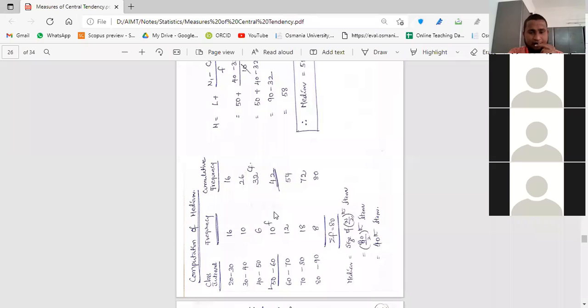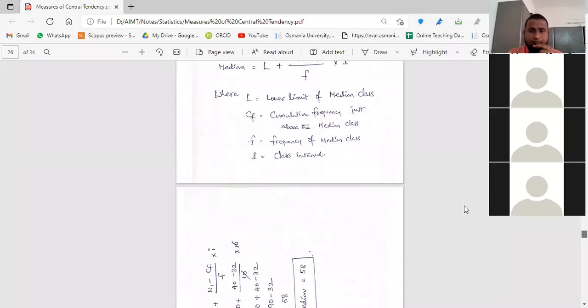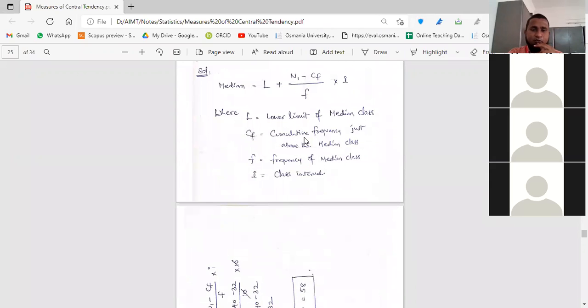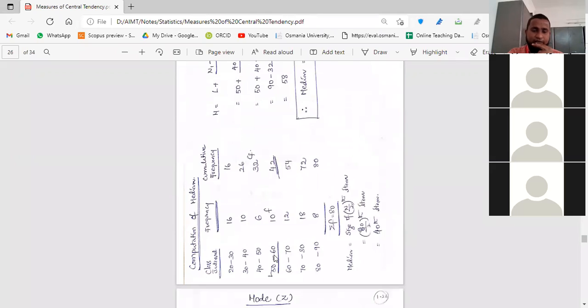And what is CF just above the median class? We have discussed this already. CF means cumulative frequency just above the median class. You have already found the median class, and just above it means 32.